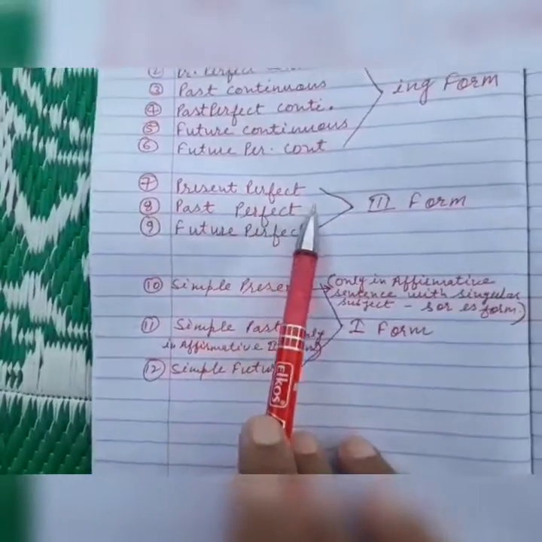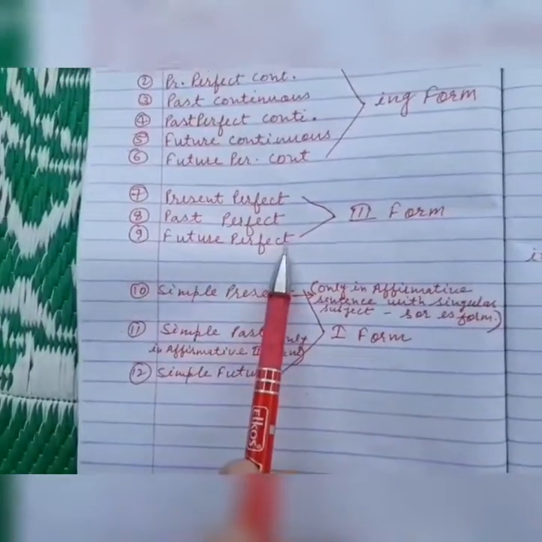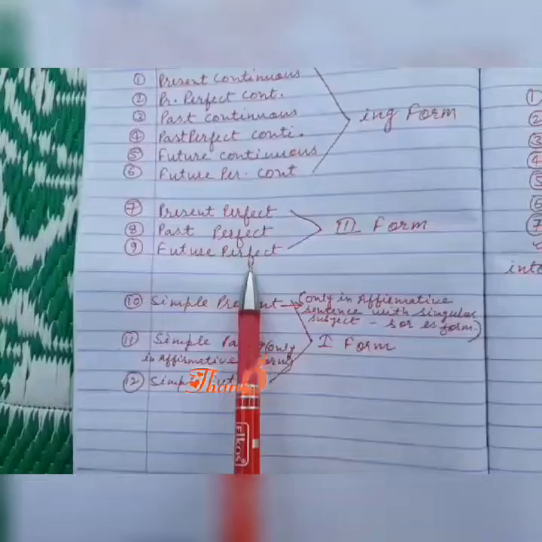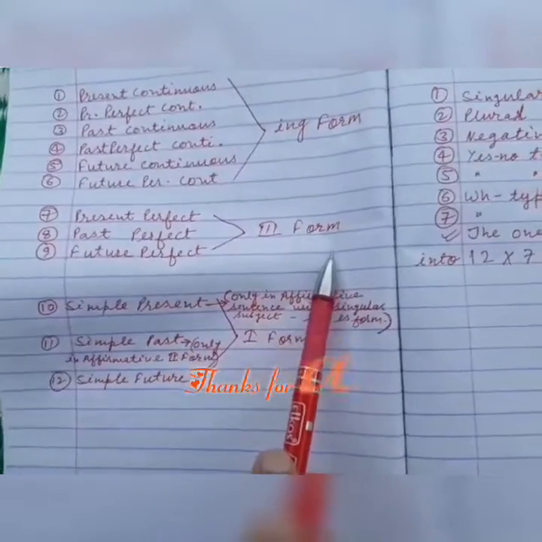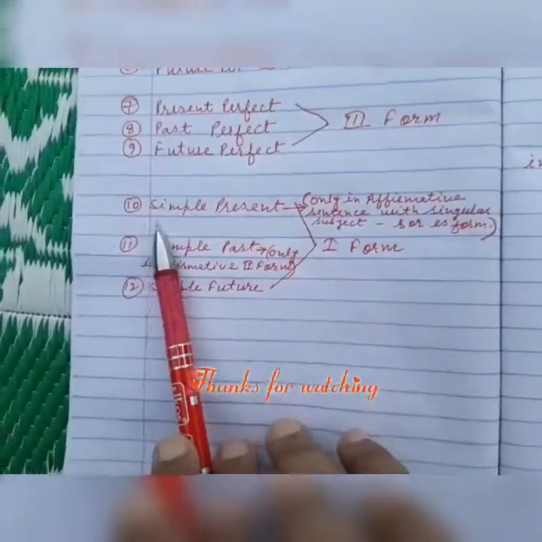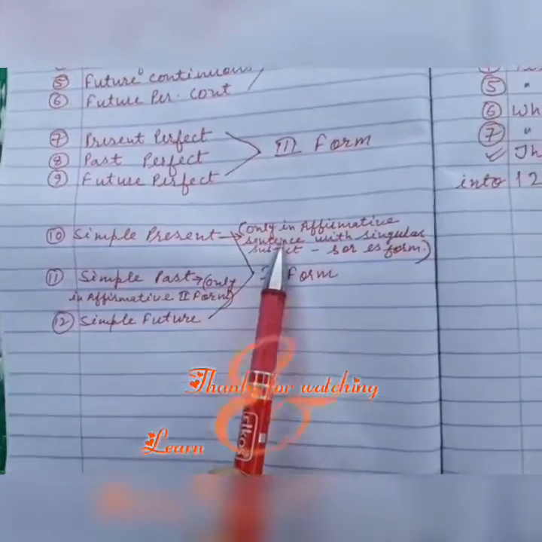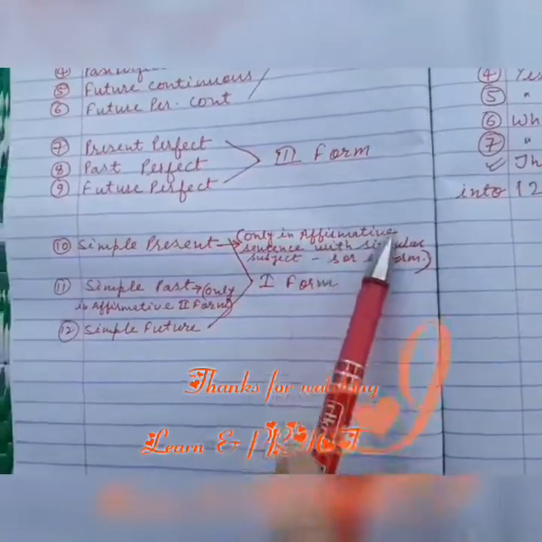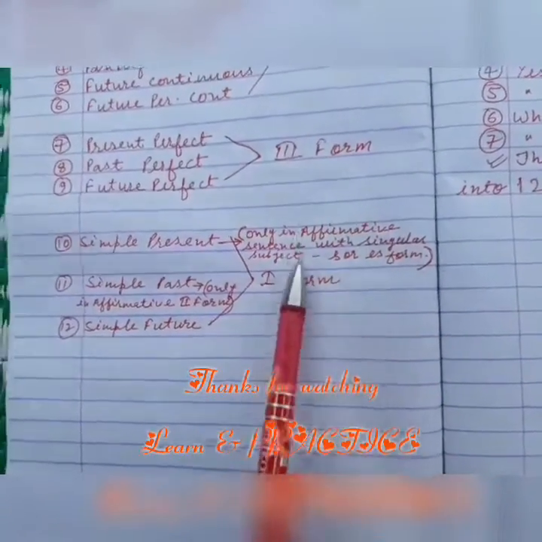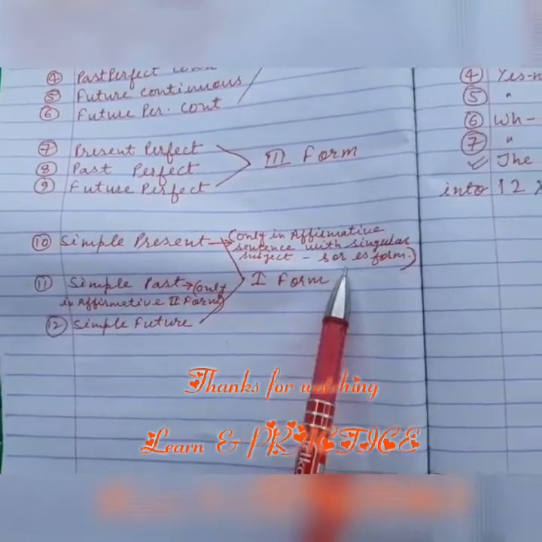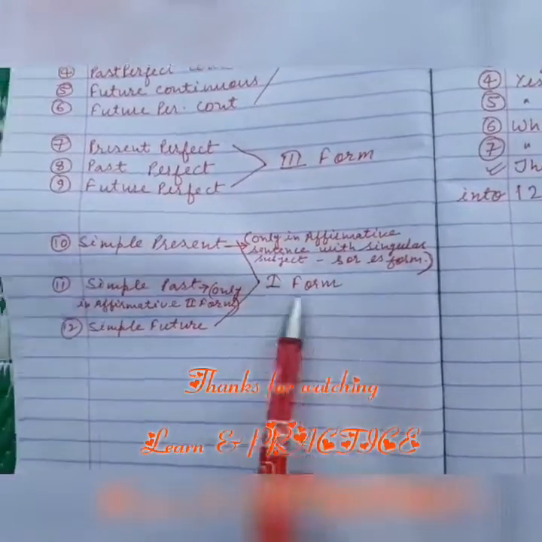And in present perfect tense, past perfect tense, and future perfect tense, means each and every perfect tense, we use third form of the verb. And in simple present, except in affirmative sentences with singular subject, only you use s or es form, otherwise first form.